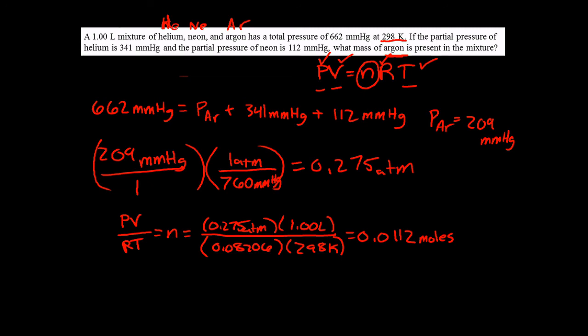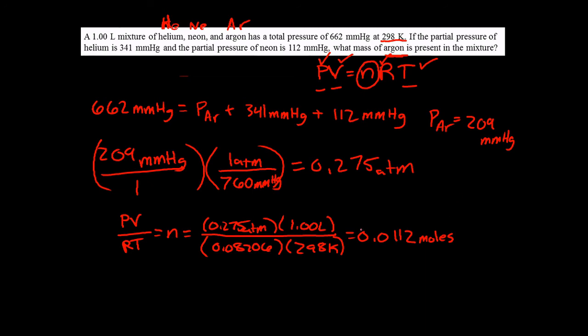And argon, got to grab my periodic table here. I do not remember what the molar mass of argon is off the top of my head. It is about 39.95.